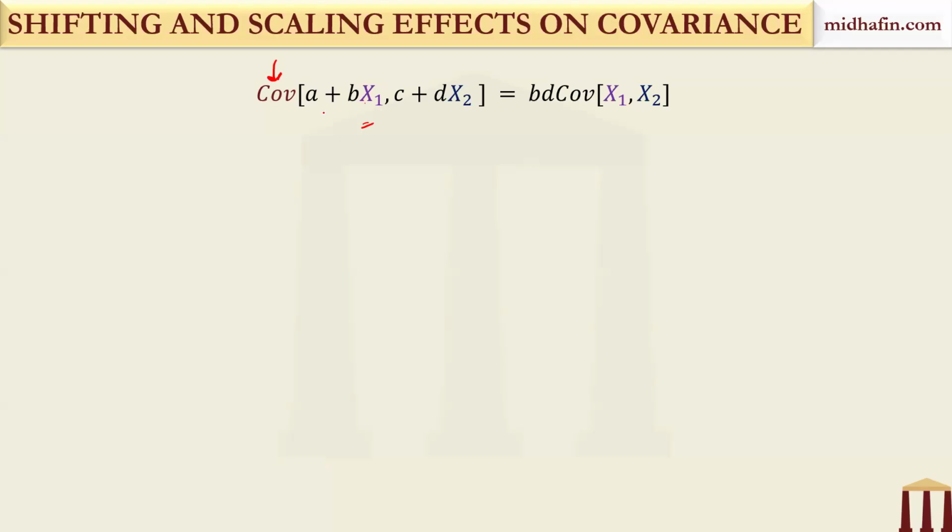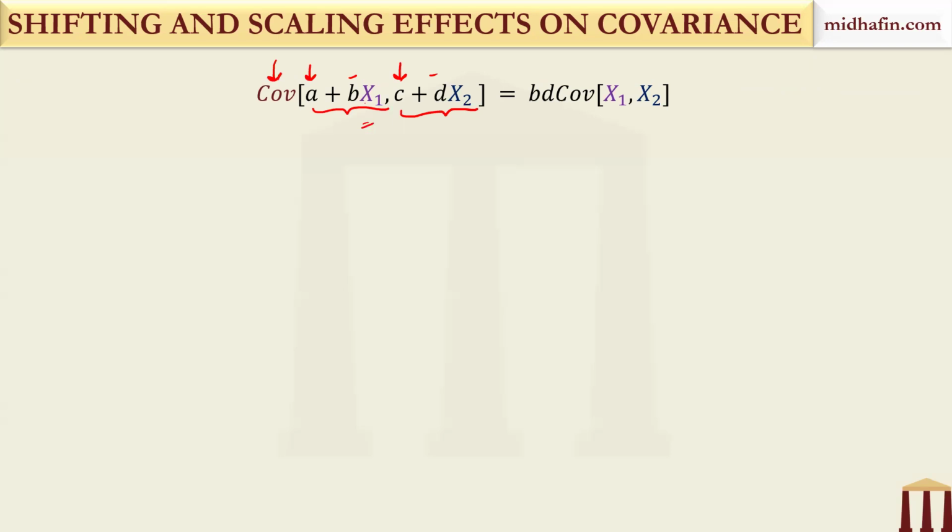For x1, we are transforming it into a plus bx1. X2 we are transforming it into c plus dx2, and it can be quite easily proved that the additive part will not make much difference, so it will be gone. The multiplicative parts, b and d, will come out of the bracket, and it will simply be bd times covariance between x1 and x2.